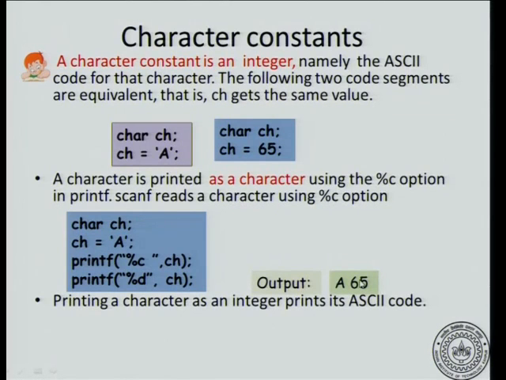It will print 65. So remember that the external form that we see is the letter A. The internal representation is the number 65, because 65 is the entry in the ASCII table corresponding to the character A.